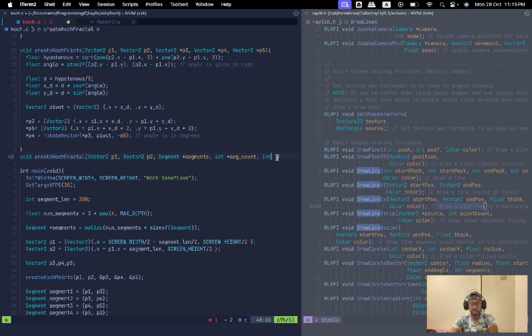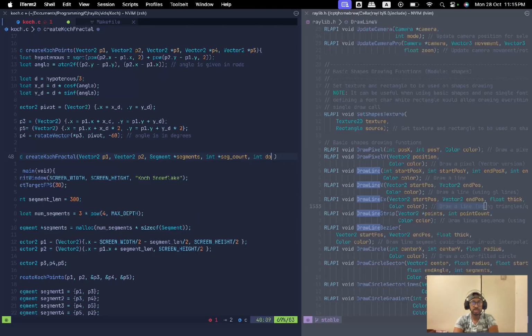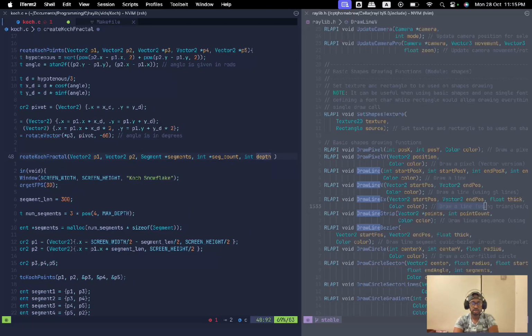Because this function is a recursive function, I want to know what iteration I am in. Since I have max depth here, let's call it depths, the current depths. This will tell me the current depths.